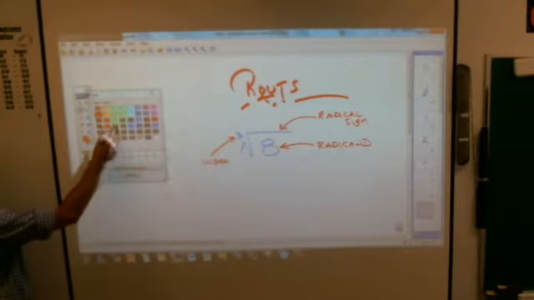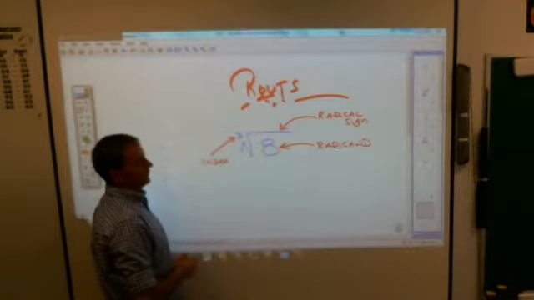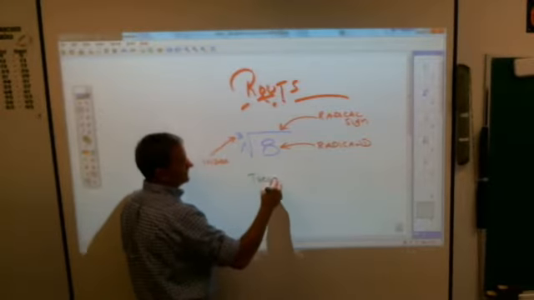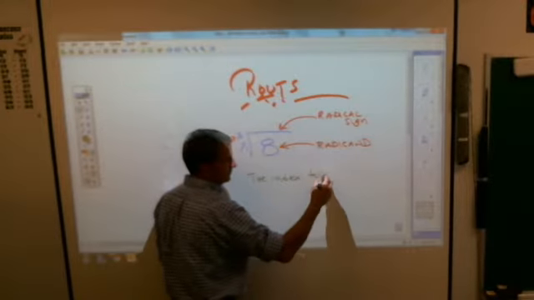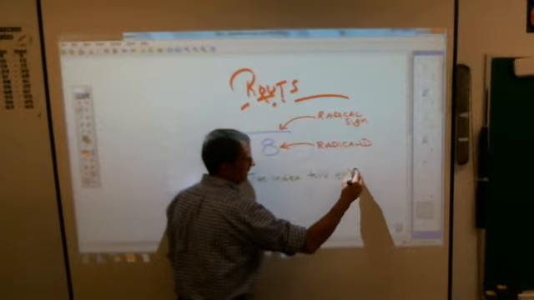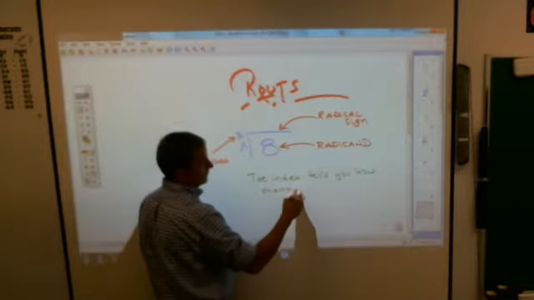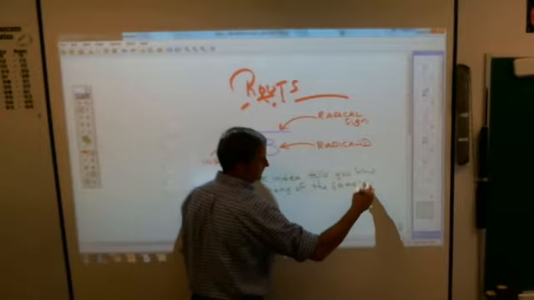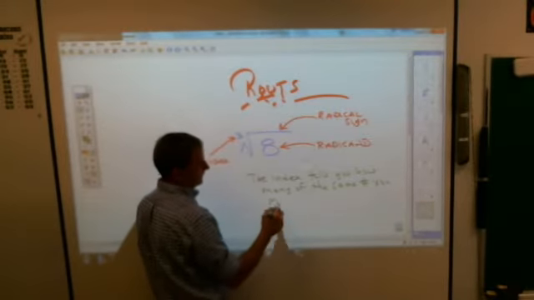There's not an easy way to explain what this means in words. It's a really simple thing, but it's not easy to explain. But the best way I can explain it is this. The index number tells you how many of the same number you multiply to get the radicand.